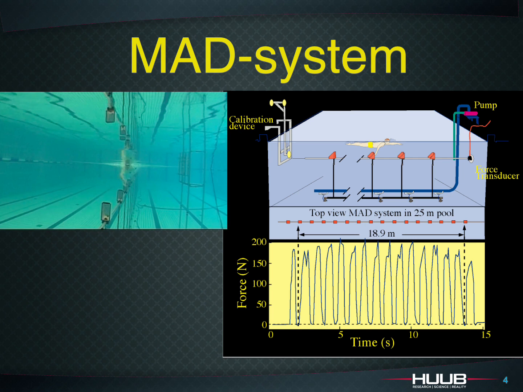What you also can see in this force recording is two vertical dotted lines, which indicate the start of the push-off on the second pad and the start of the push-off on the last pad. Since the distance between the second pad and the last pad is 18.9 meters, and you know the time, you can calculate the average velocity the swimmer uses to travel that distance. Then we can measure the average force for that velocity given the recordings.